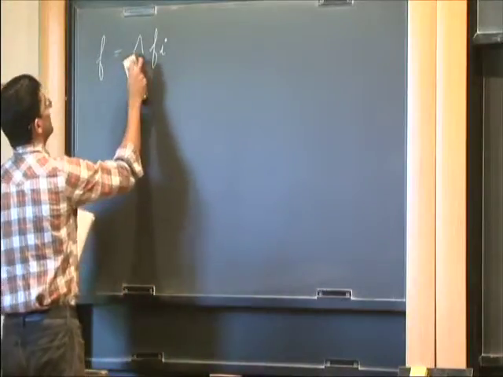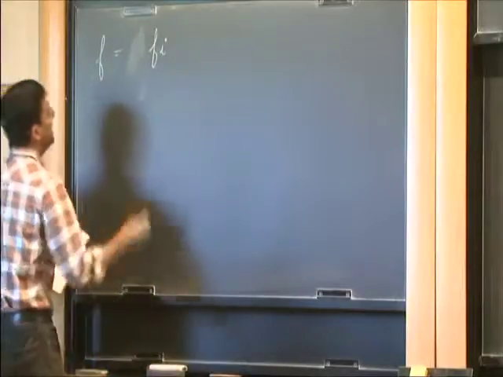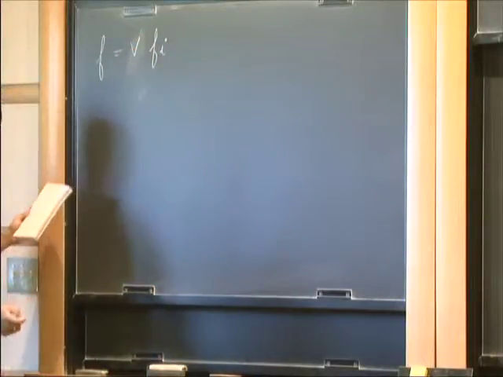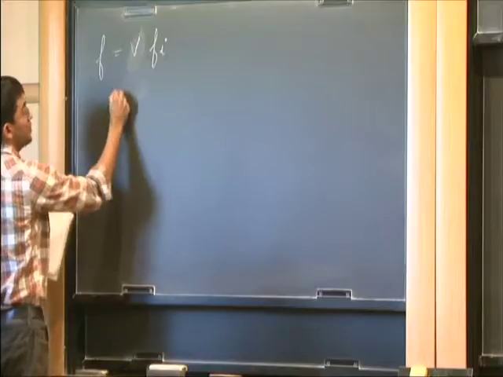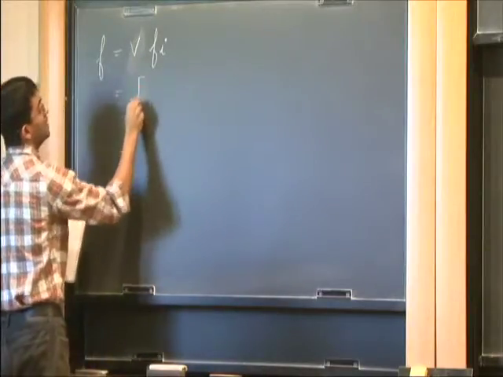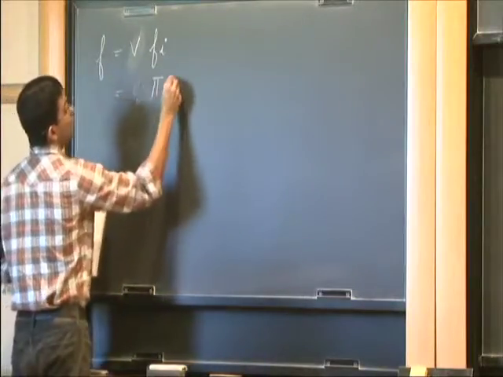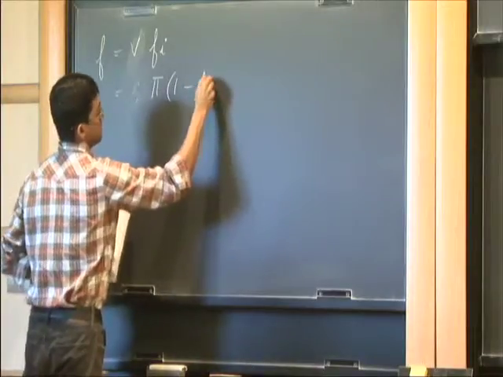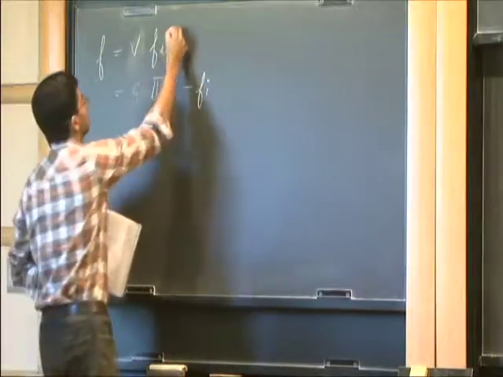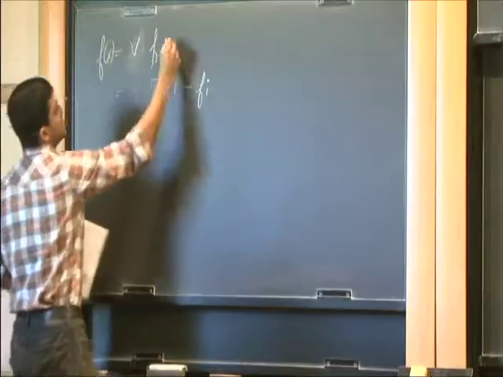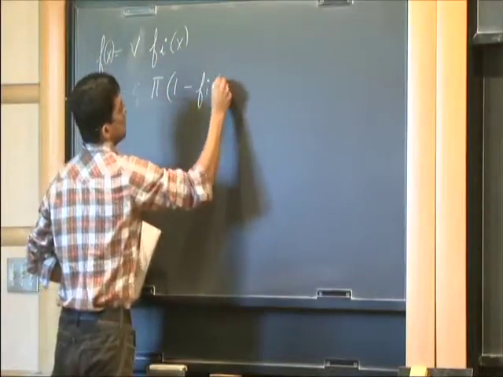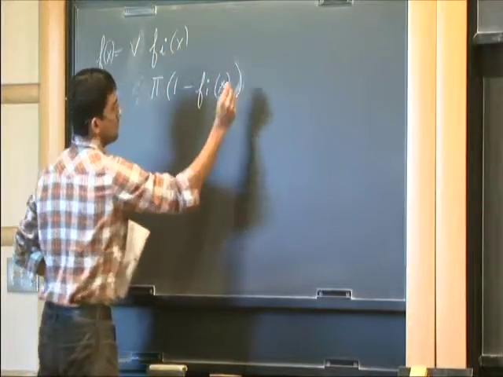I was wondering if something funny was going to happen. It's the or of the fi's. So you can expand it out as the product of 1 minus fi, right? So f of x is just the product of 1 minus fi x, right?